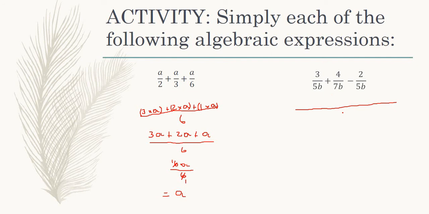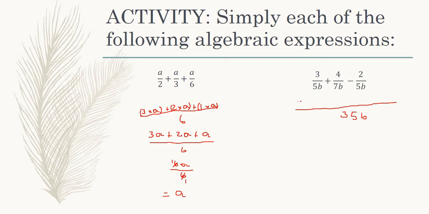It's going to be 35b. After we get our common denominator, we are going to take each of these denominators to divide our common denominator. So clearly, b is going to cancel out b, so it's basically how many groups of 5 can we get out of 35, which is going to be 7.